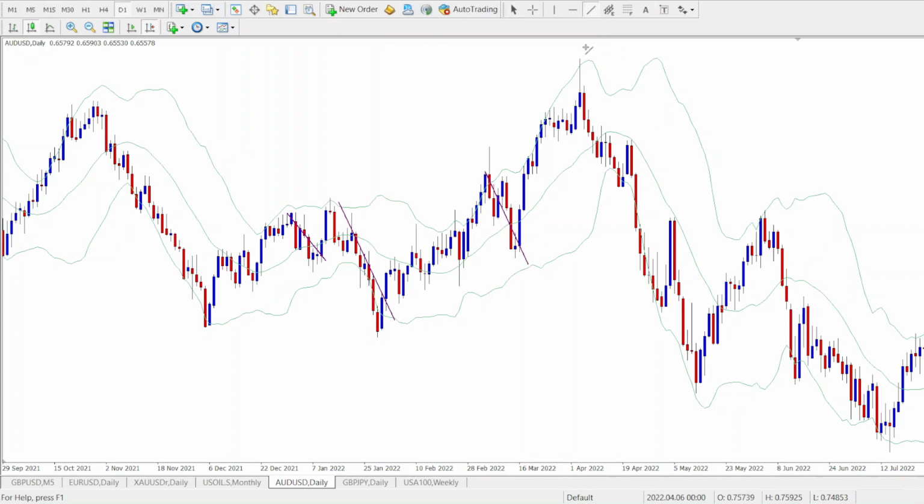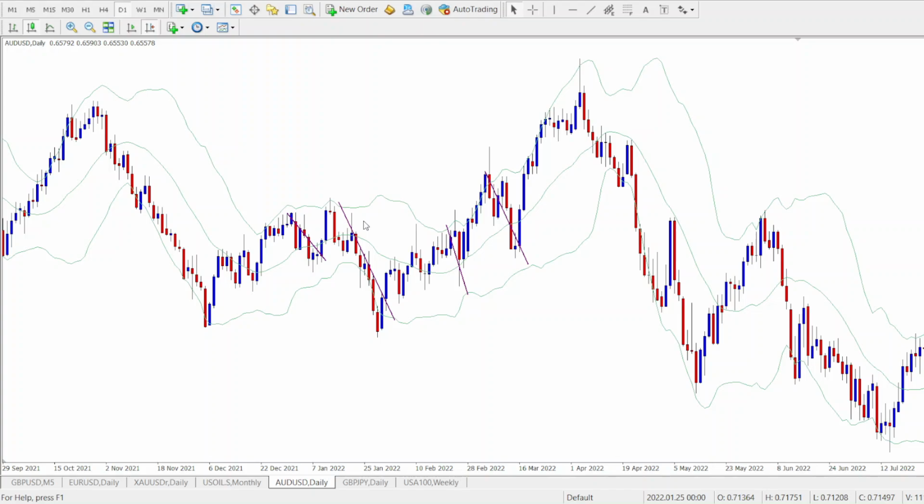So basically, the upper band is serving as a dynamic resistance, and the lower band is serving as a dynamic support. So that is how it works. When price gets towards the upper band, it shows that the price is potentially overbought, and when price gets to the lower band, it shows that the price is potentially oversold.